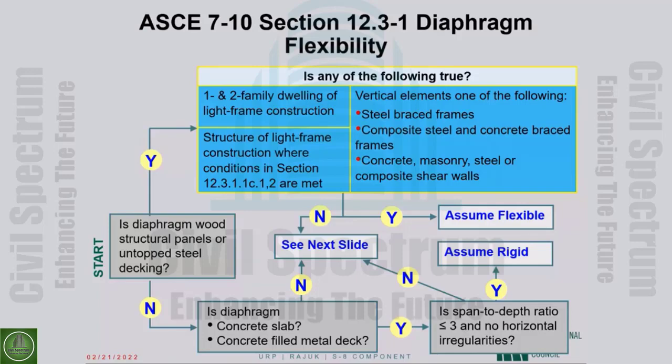If the answer is yes, we have one or the other, then you further ask, is the span to depth ratio smaller than or equal to 3? And is my diaphragm totally free of irregularities? Okay. Span to depth ratio less than 3 and no structural irregularities.